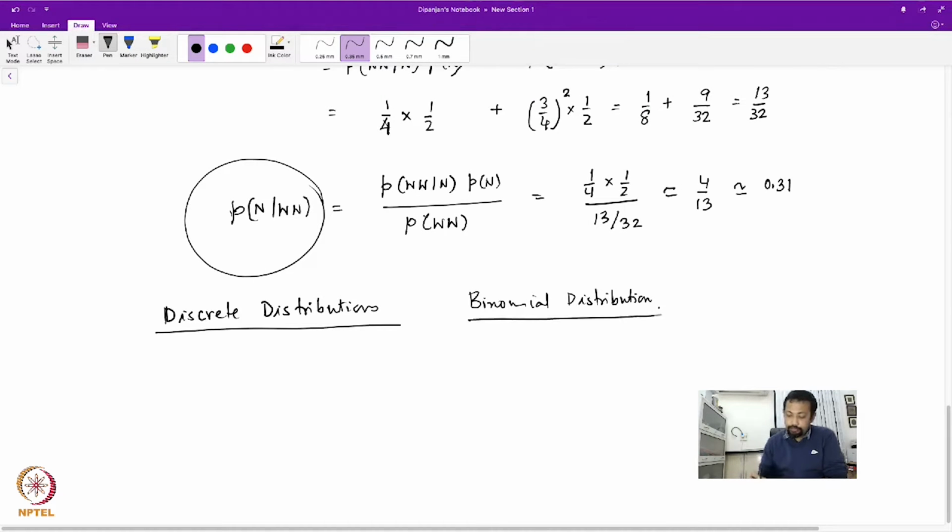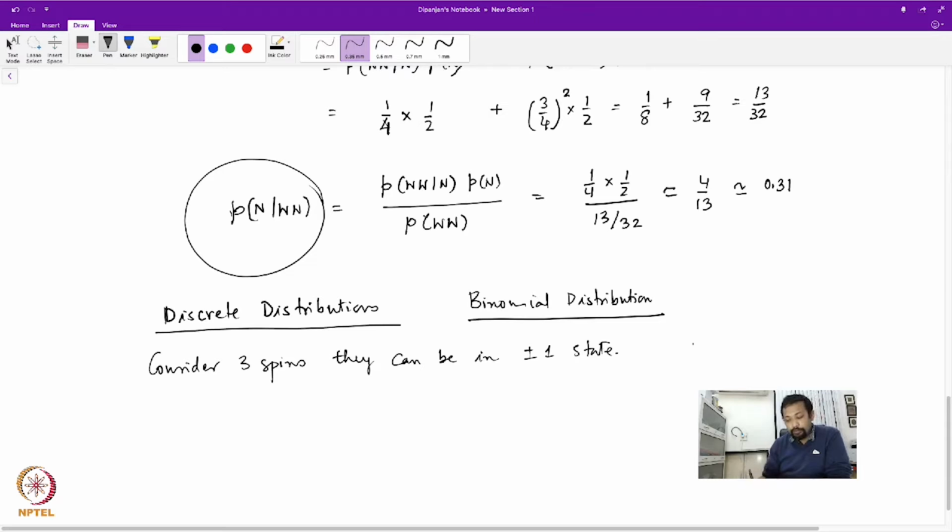Now, binomial distribution is a distribution which we'll often encounter in physics, and therefore it is apt to start with a physical example to illustrate this. So consider 3 spins, magnetic spins. Let's say they can be in plus or minus 1 state, right?